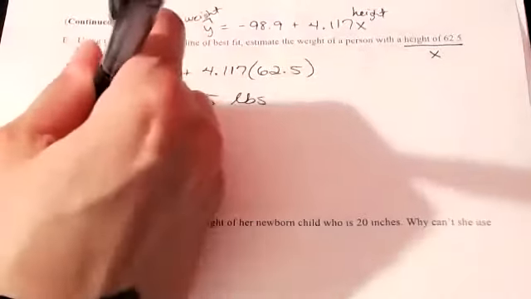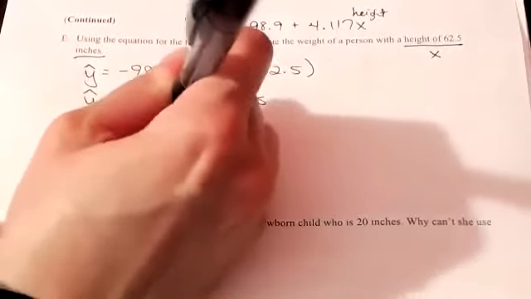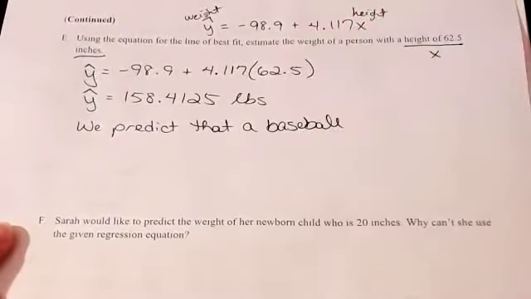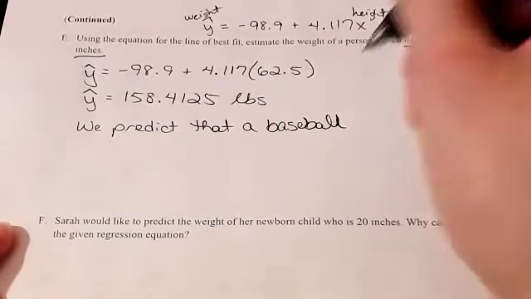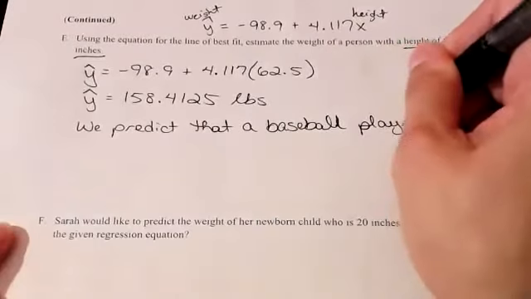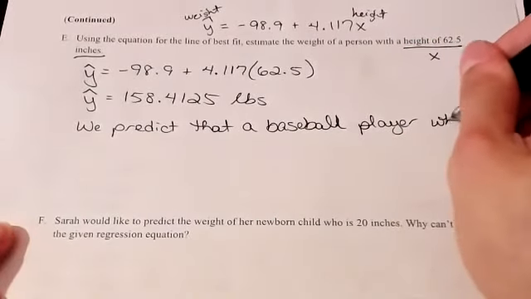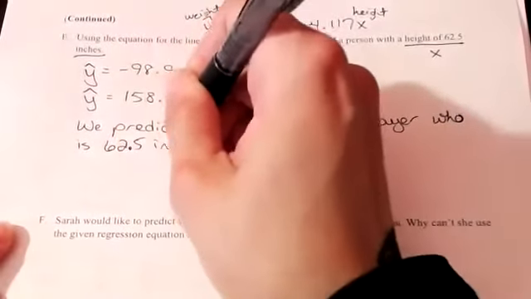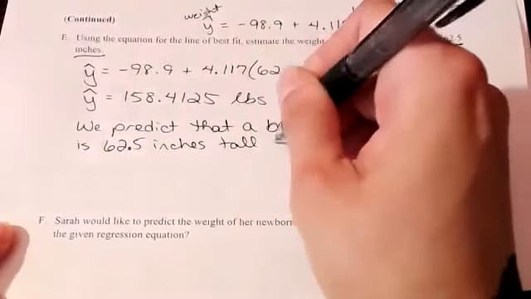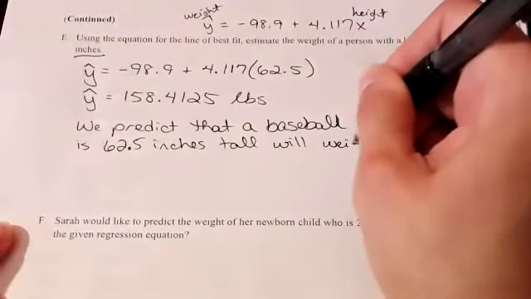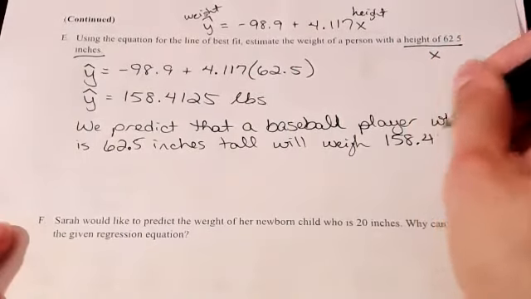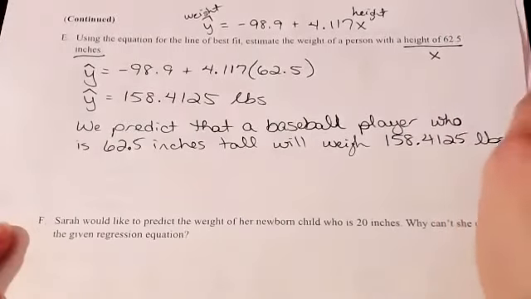Let's write out. We predict that a baseball player, notice I have to use this language because I'm talking about a very specific subgroup of the population, who is 62.5 inches tall will weigh 158.4125 pounds.